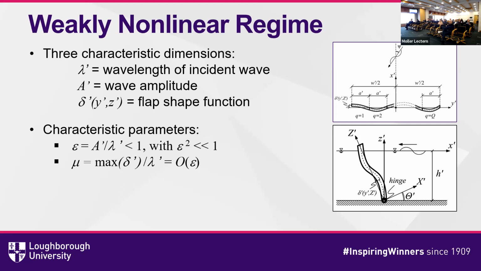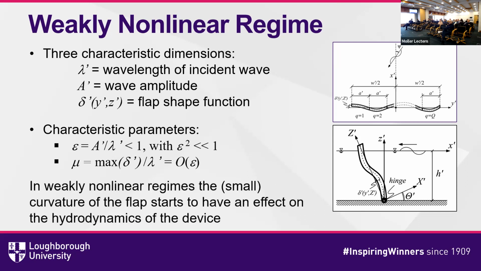Now, when we consider the flap shape function, which is the deviation of the shape from it being a simple rectangle in the cross section, we consider that this deviation is of the order of the meter. So essentially, mu is comparable to the nonlinearity parameter. So the shape parameter and the nonlinearity parameter have essentially the same scale.